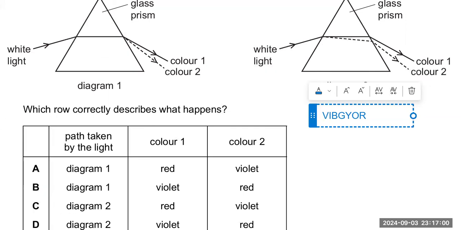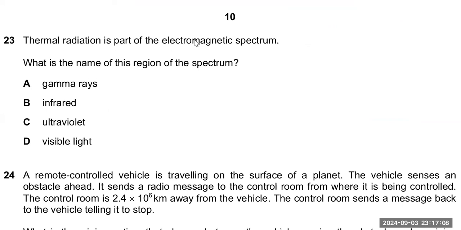Now, in the next question, 23. Thermal radiation is a part of the electromagnetic radiation spectrum. What is the name of this region of the spectrum? Thermal radiation means the radiation coming from a hot object. We cannot see this radiation, it means it will not be visible.